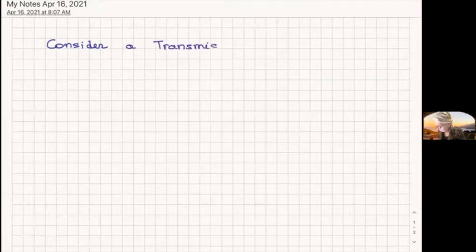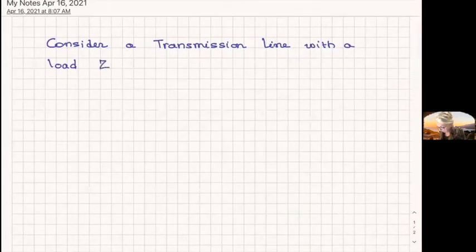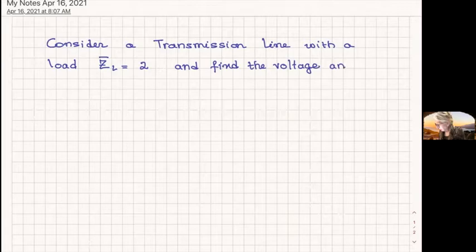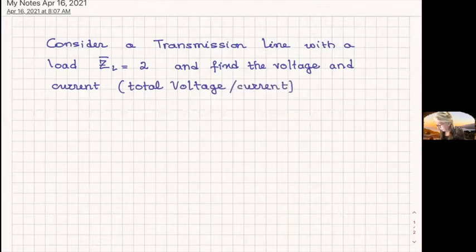So say here, I will write the example: consider a transmission line with a load ZL equals, say, normalized to 2, and find the total voltage plus current on the line.